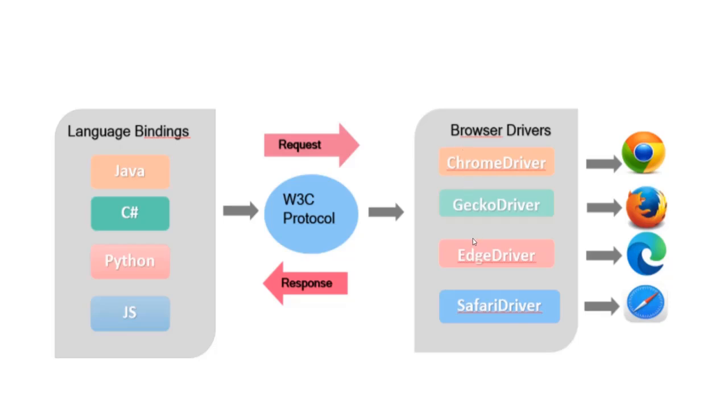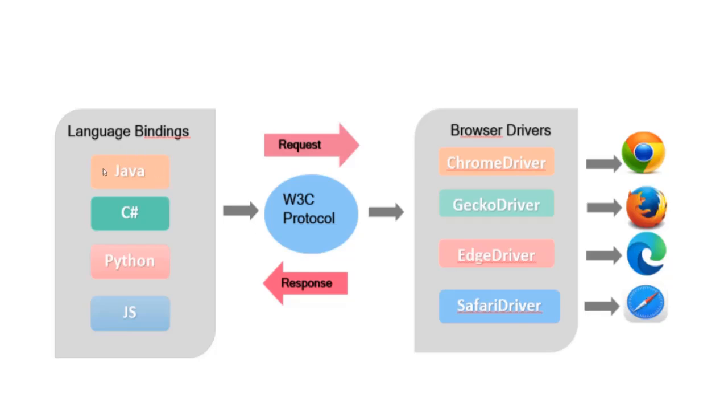Suppose you want to talk to Chrome, then ChromeDriver is the one which helps to communicate. If you want to talk to Mozilla Firefox, GeckoDriver is the driver which helps to communicate with Mozilla Firefox. EdgeDriver is used to communicate with the Edge browser. SafariDriver to communicate with the Safari browser.